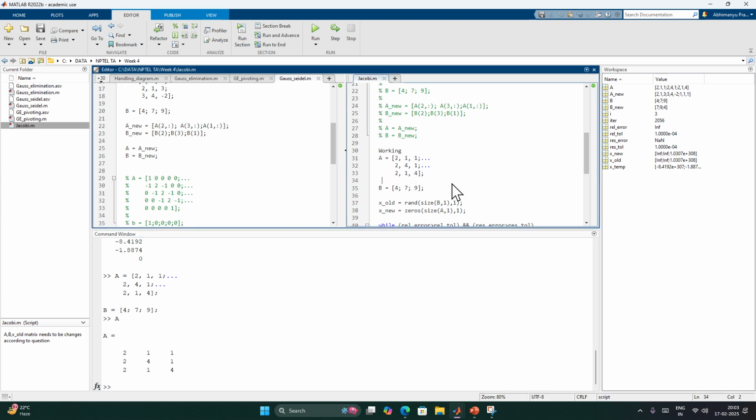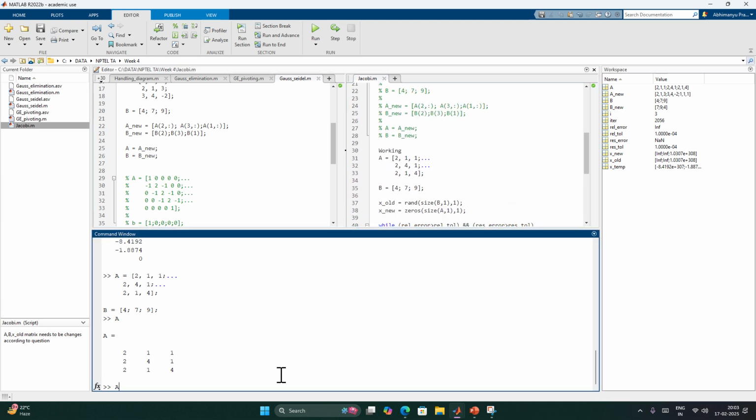So for this problem, first let me do the backslash operator. Yeah, so this is the solution for this problem.